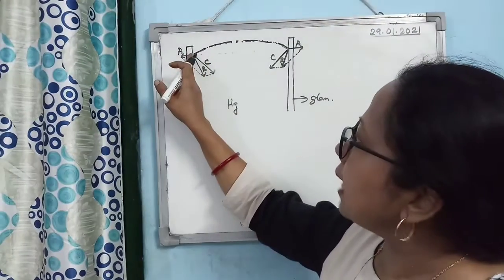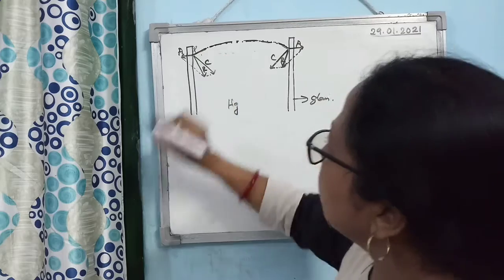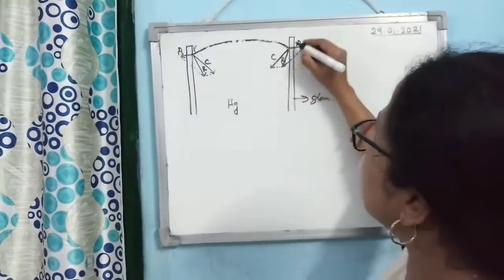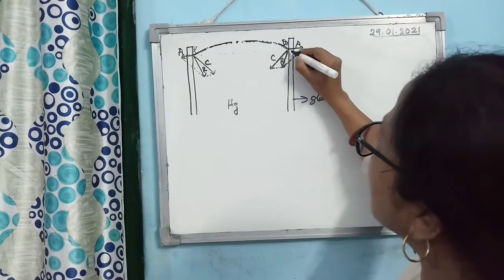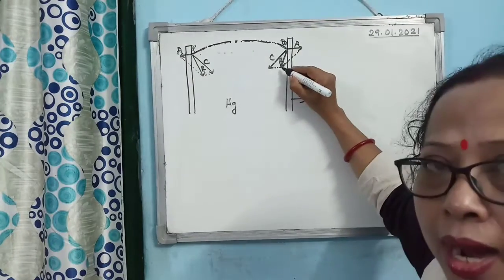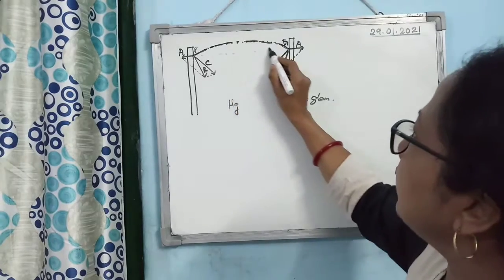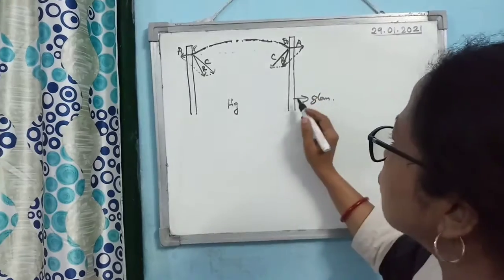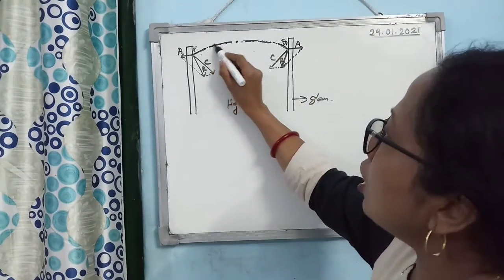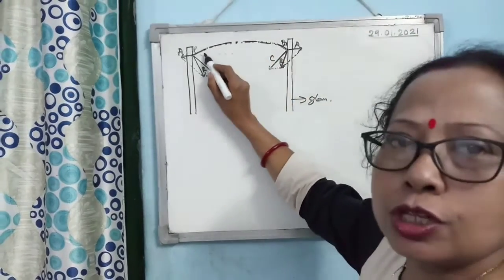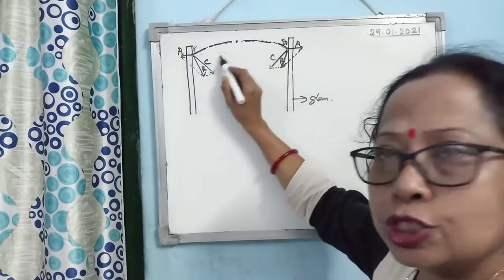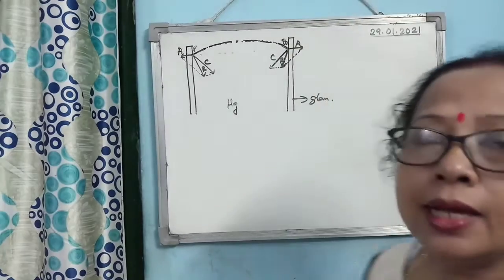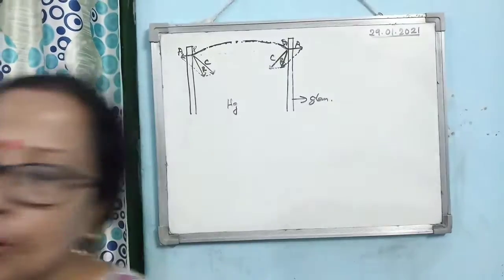The free surface at this point, let us name it point P, will set itself perpendicular to R. Exactly, the free surface at the point Q also sets itself perpendicular to R, whereas in between, as the mercury molecules are not touching the glass molecules, they are not experiencing any adhesive force, so they will maintain their own shape. As a result, the liquid meniscus will take the shape convex upward.